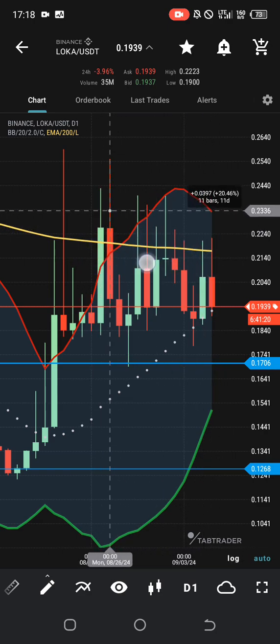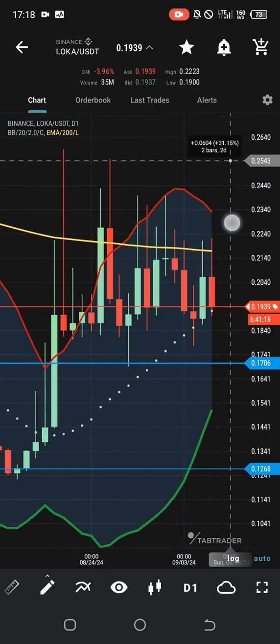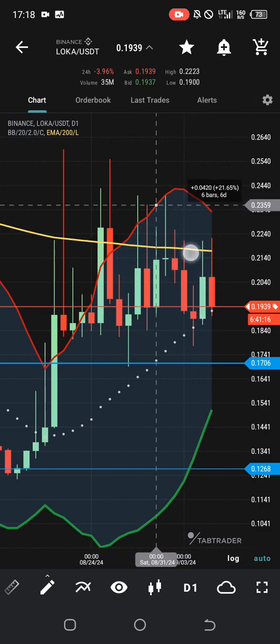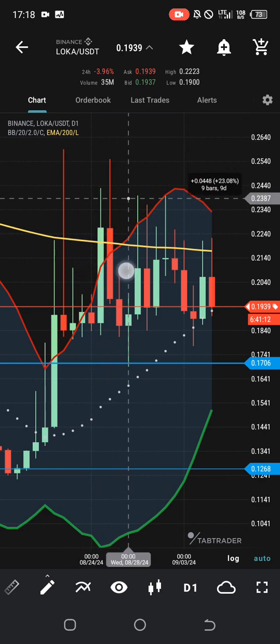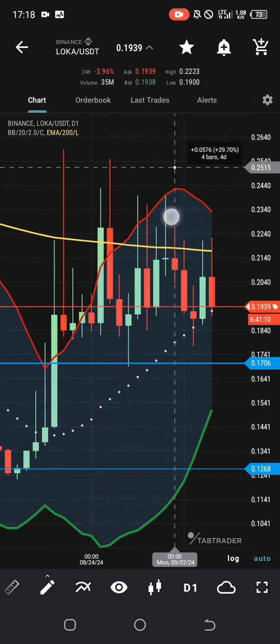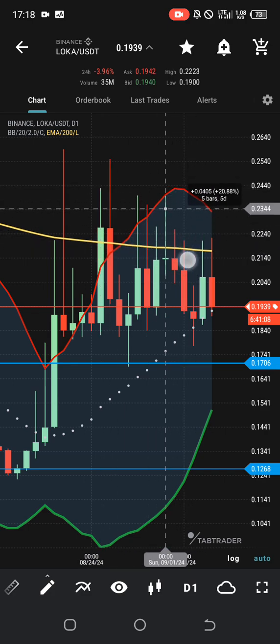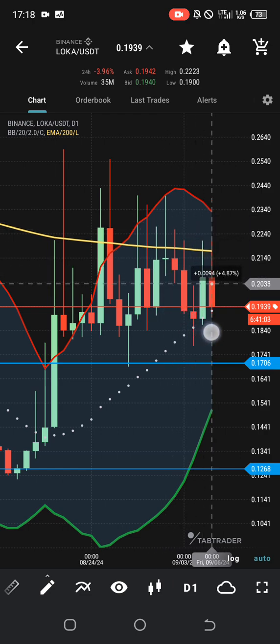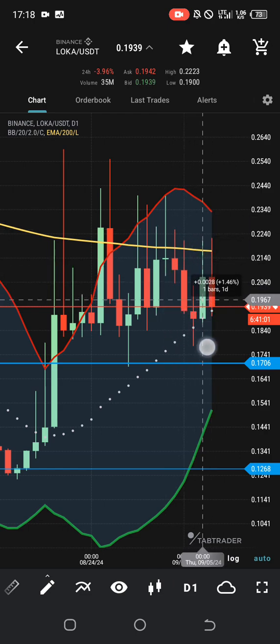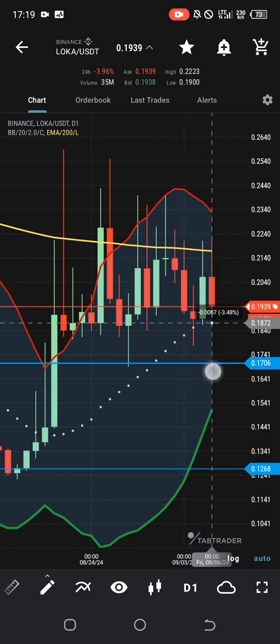It's really trying hard to break out of this support zone where market has bounced up and down, gone down, come back to bounce again, and is trying its best to break out, retest, and then rally upward on LOKA USDT.